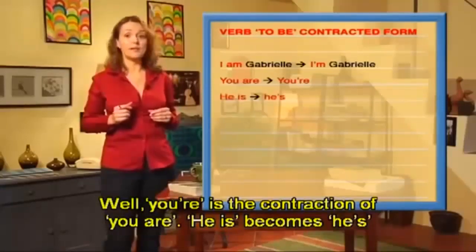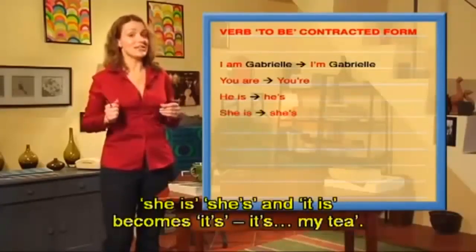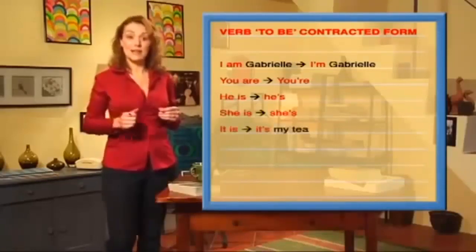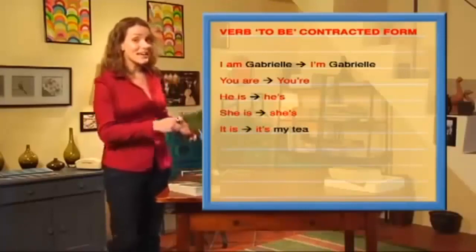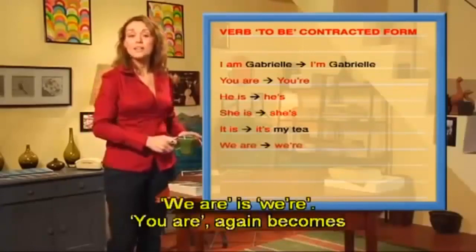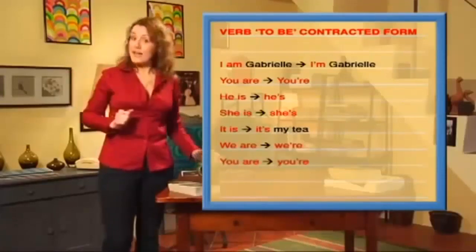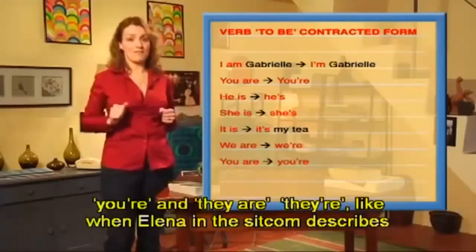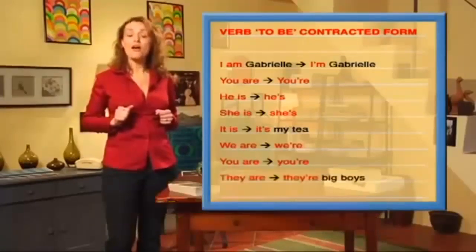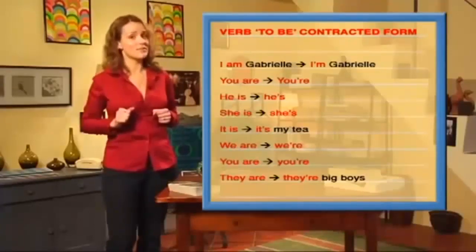He is becomes he's. She is, she's. And it is becomes it's. It's my tea. We are is we're. You are again becomes you're. And they are, they're. Like when Elena in the sitcom describes her brothers, they're big boys.